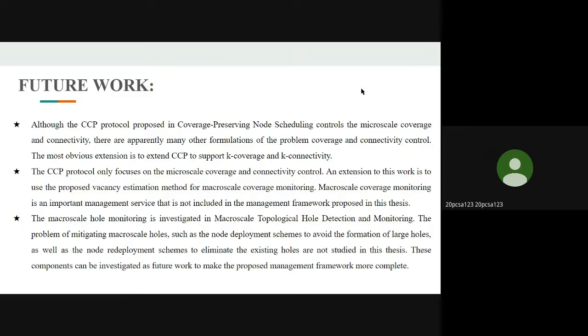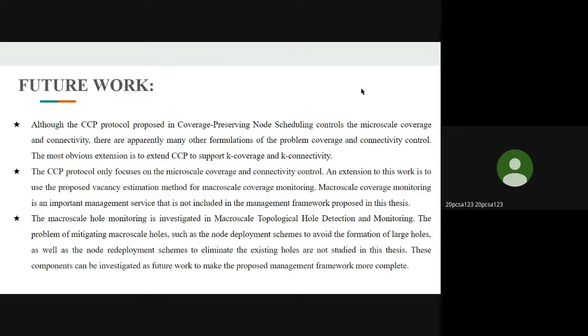An extension to this work is to use the proposed vacancy estimation method for macroscale coverage monitoring. Macroscale coverage monitoring is an important management service that is not included in the management framework proposed in this thesis. The macroscale hole monitoring is investigated in the macroscale topology hole detection and monitoring.